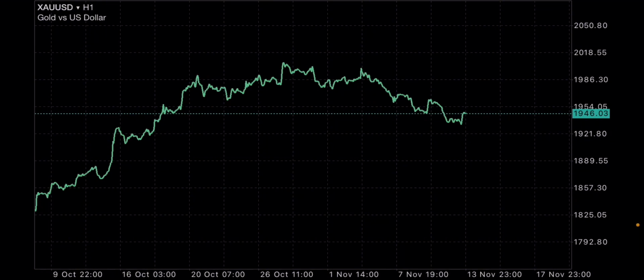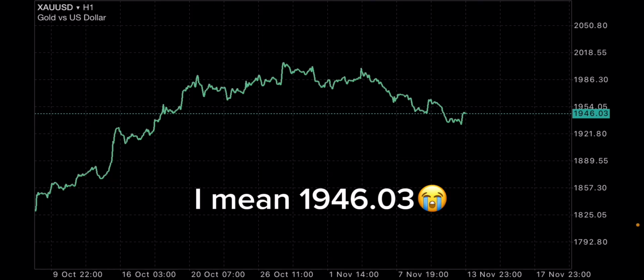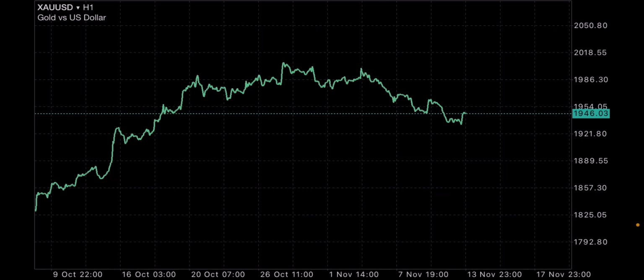You are currently looking at gold against the dollar, and this is where the current price of gold against the dollar is, at 946.03.